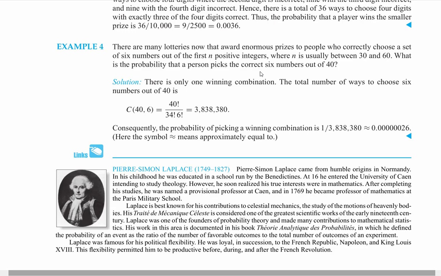So this is a combination question. It's C(40, 6). So the total number of outcomes here is this. We can work it out with this formula. Some big numbers, but it's 3,800,000 and some thousand.